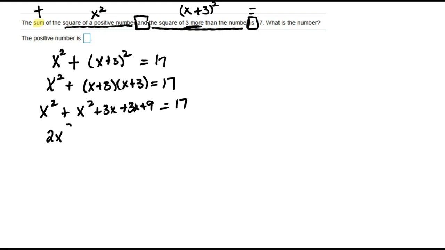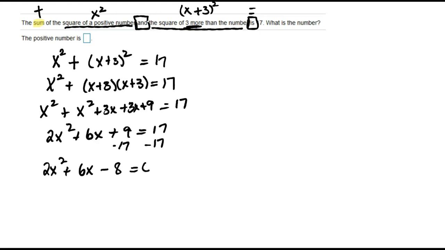That gives me 2x squared plus 6x plus 9 equals 17. I'll subtract 17 on both sides so that I can get all the terms onto the same side. And that gives me a negative 8 equals 0. Then I'm going to start to solve this. I can see that all of these terms are even, so I can factor out a 2.